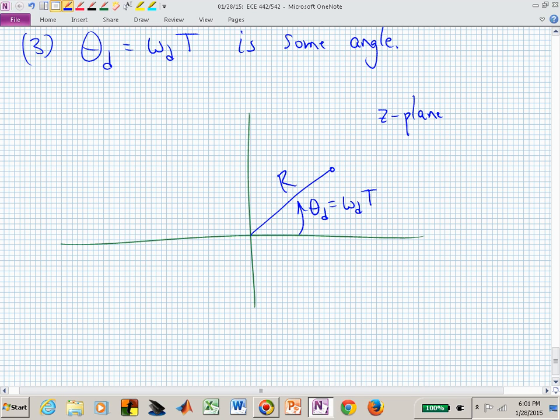We're staying at a magnitude of 1, but the angle theta sub d basically tells us how many points you have in each oscillation. If theta sub d was 45 degrees, you would have 8 points in that one cycle of oscillation. If theta sub d was 22.5, divide by 2, or multiply 8 by 2, and now you have 16 points in one cycle of oscillation. So that's what theta sub d tells you.